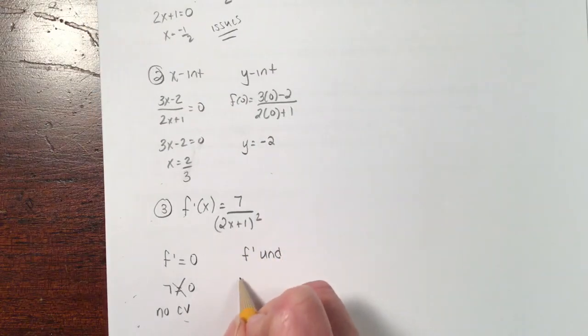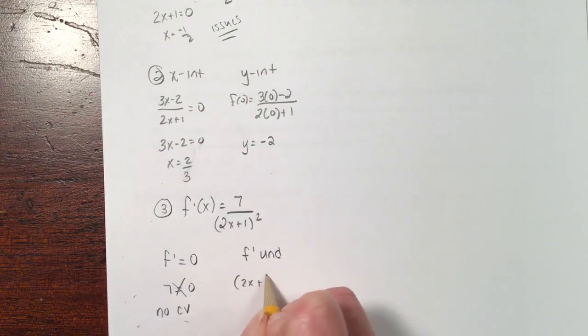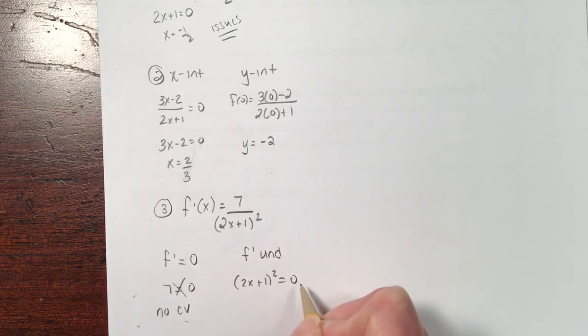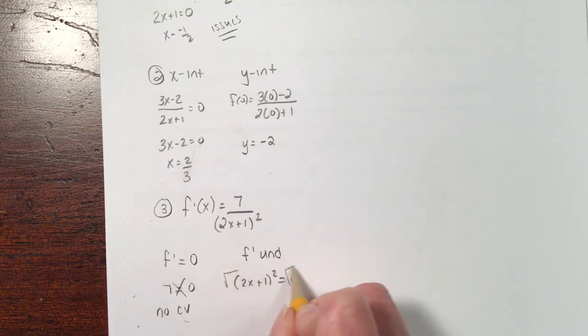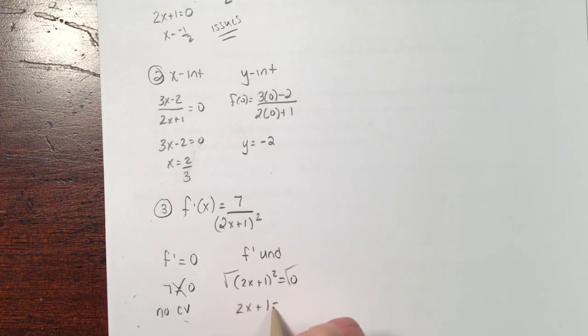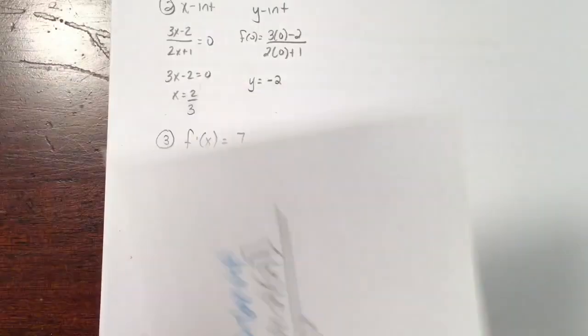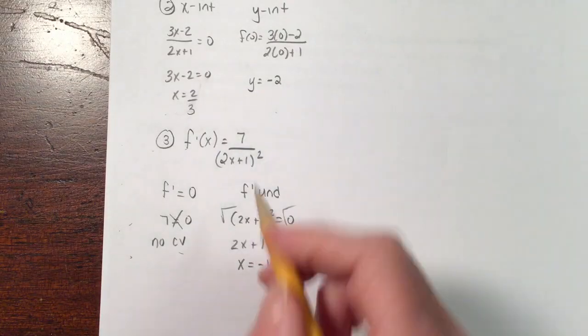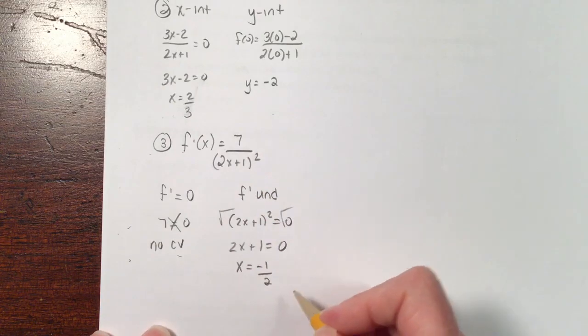Let's look where this function is undefined. (2x + 1) squared equal to 0. Square root both sides. So the derivative is undefined at x equals negative 1/2.